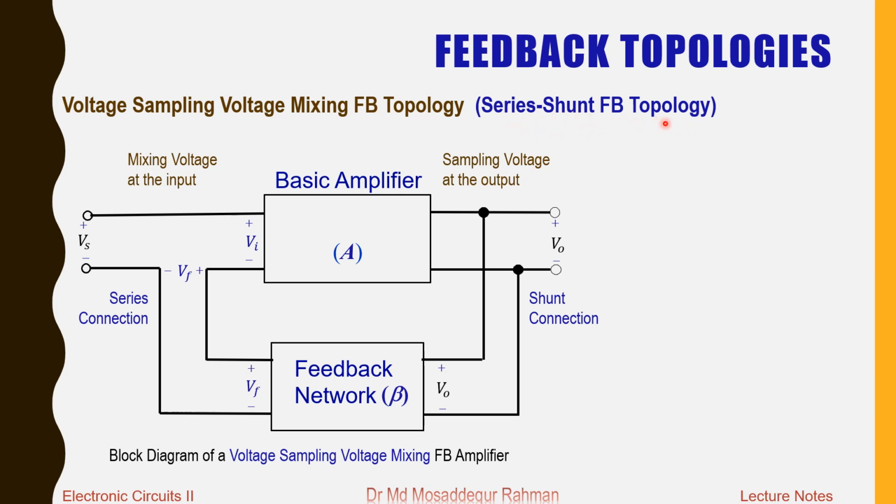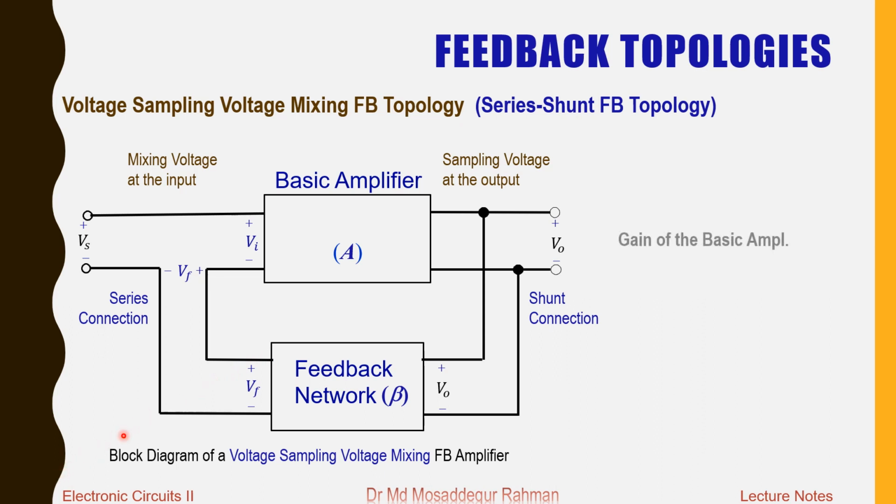As you can see here, this indicates the type of connection that the feedback topology will have. The first term, series, indicates the connection at the input side, and the second term, shunt, indicates the connection type at the output side. So the voltage sampling, voltage mixing feedback topology is also known as the series shunt feedback topology.